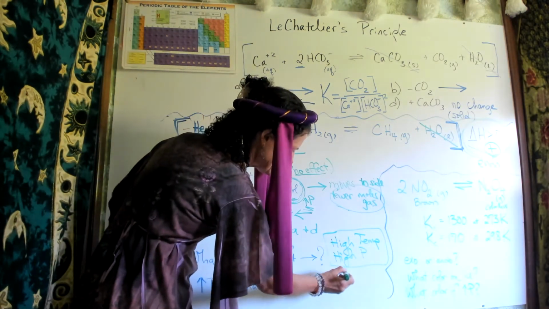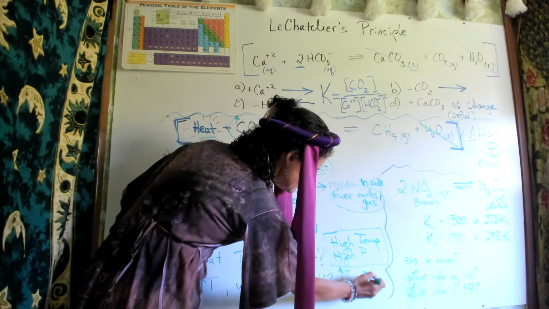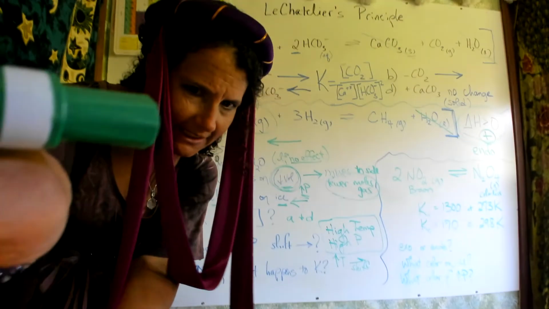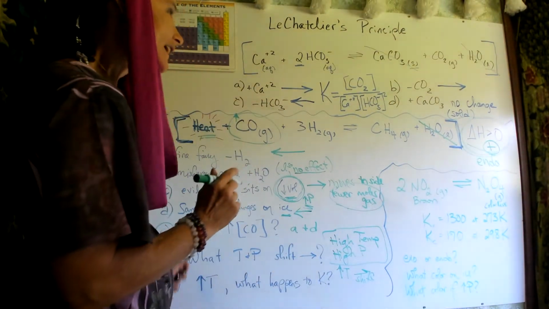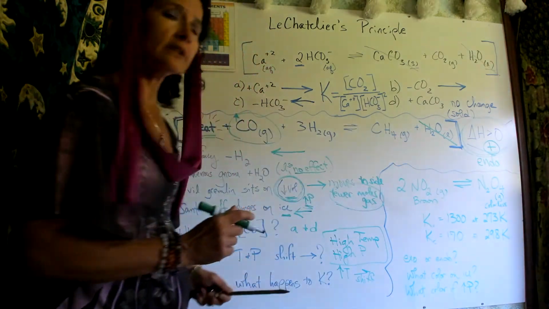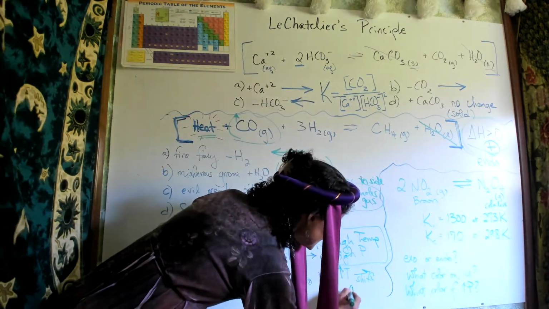So high temperature shifts forward because it's endo. I think you can see this. Yes, you can. If it shifts forward, that means you're going to make more of the products. And since it's a ratio, we've shifted towards more products. So that's going to increase K.